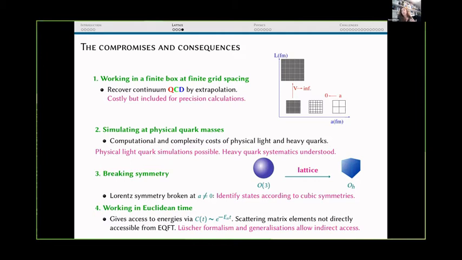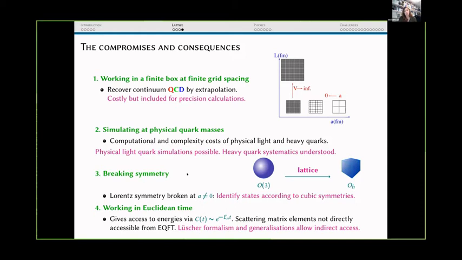And so for b quarks in particular, these uncertainties can be large. I would say that in both directions, there's been a huge amount of progress, and now physical light quark simulations are possible, and certainly heavy quark systematics are well understood and controlled in most calculations now.